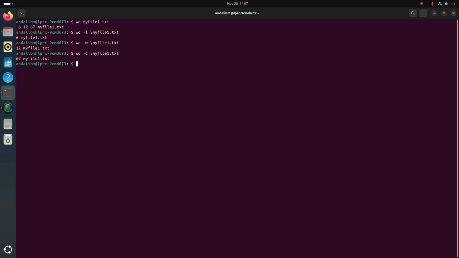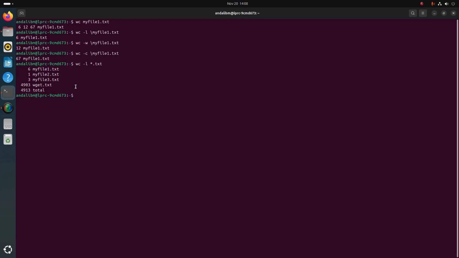Another thing I can do is, if I have a bunch of text files and I want to count all of their lines, I can say *.txt, right, but with the -l, so it gives me only the lines of all txt files.